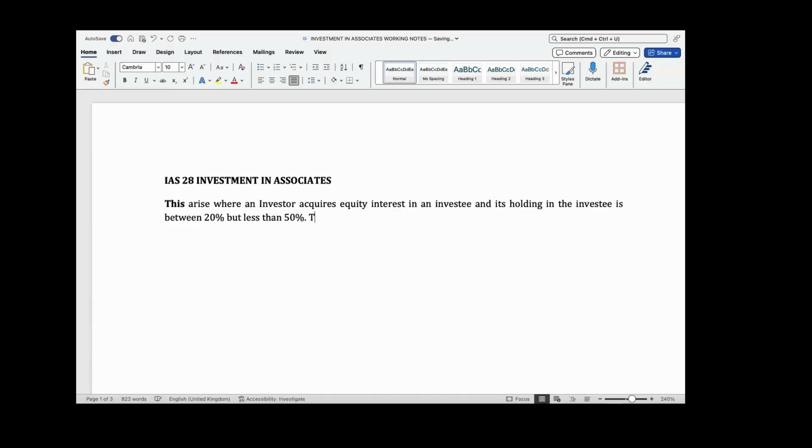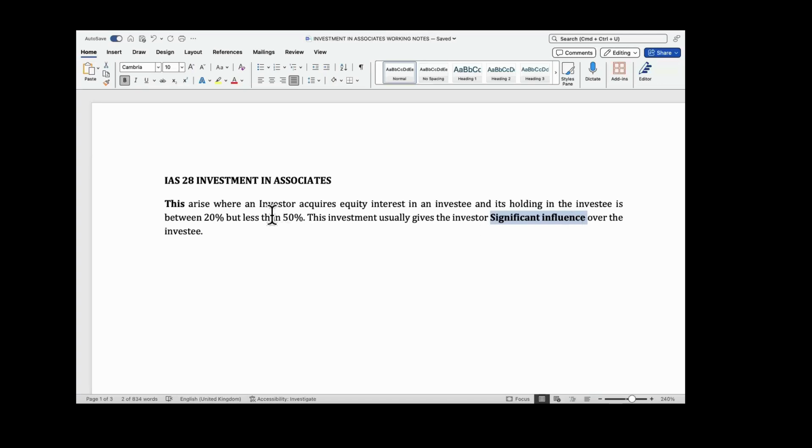And I told you that this investment usually gives the investor significant influence over the investee. And if you remember, this significant influence is the power to participate in the financial and operating policy decisions of that investee.